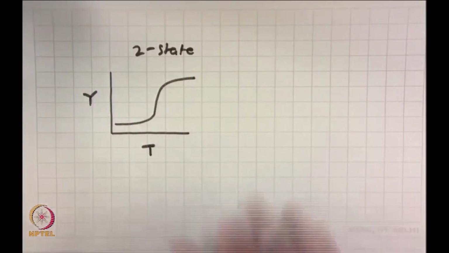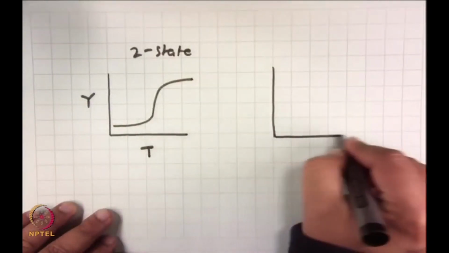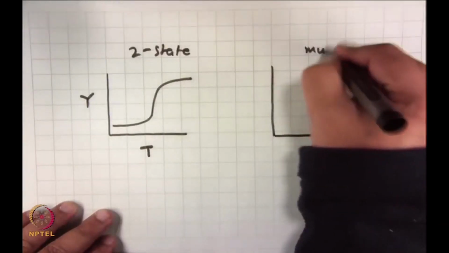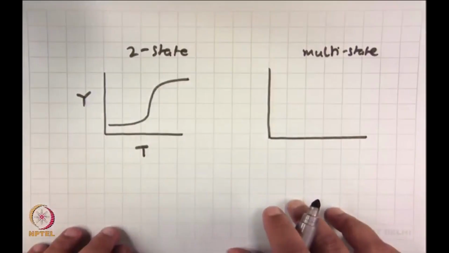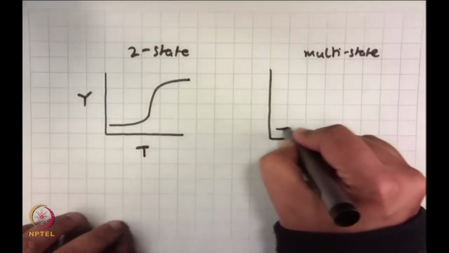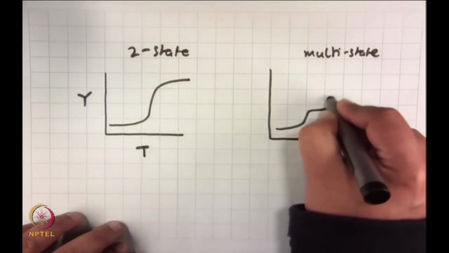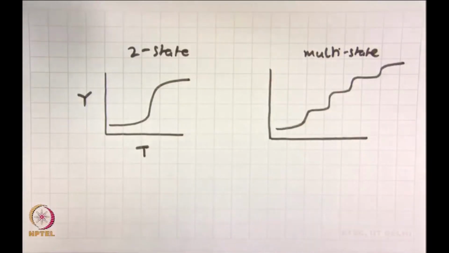Now, if you have more states, if it is a multi-state transition, then it might happen that you have transitions which look like this and so on.